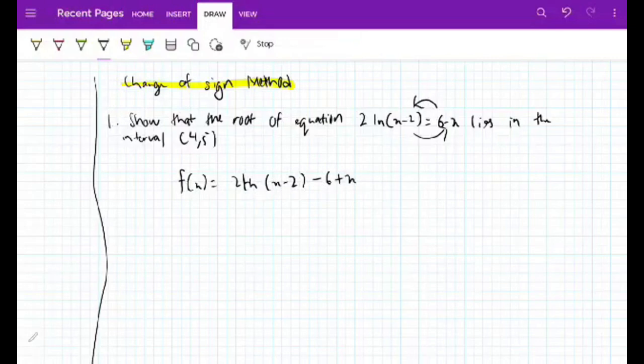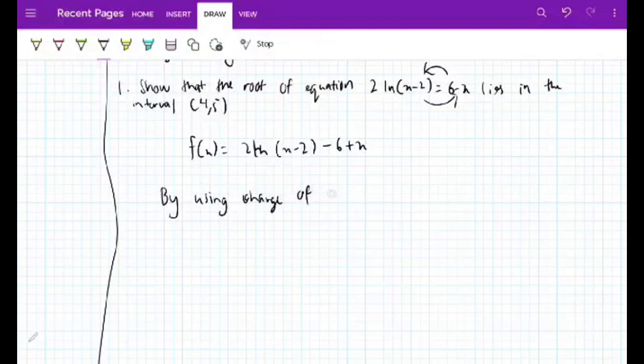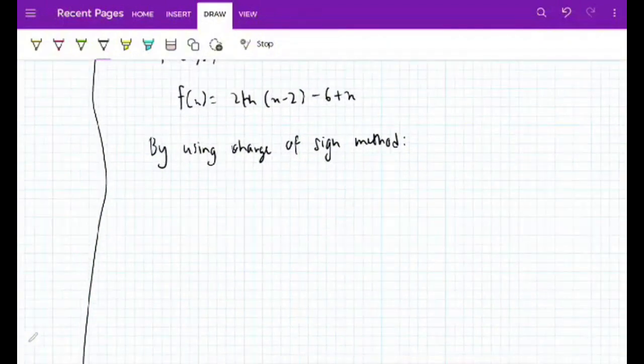Now we have made it into this form. Next, I'll make a statement using the change of sign method. This is just a statement, so if you want to make it, you can go ahead. If you don't want to, you can ignore this part.